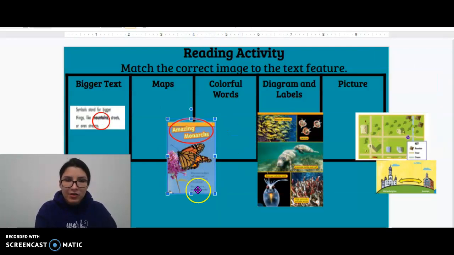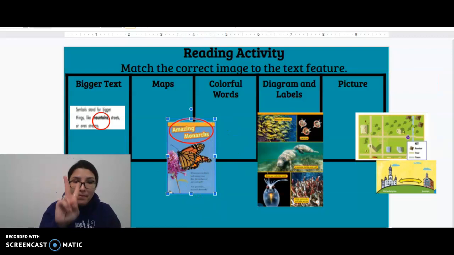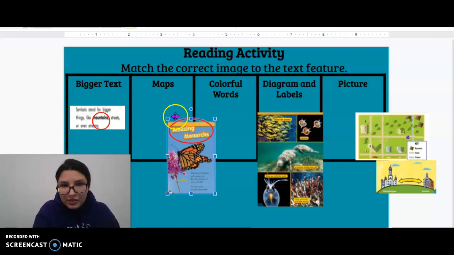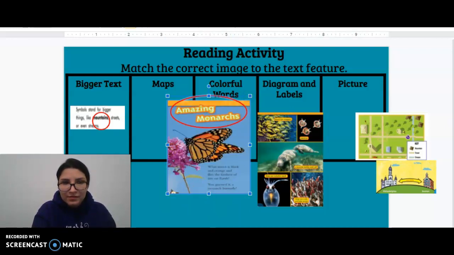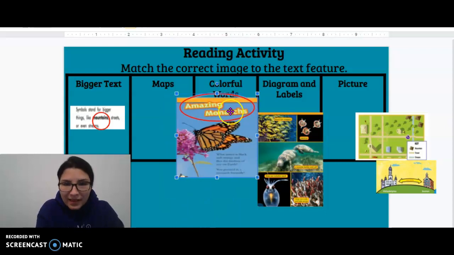Okay, so we have this next image. Let's see where this image goes. Do you think it is maps, colorful words, or pictures? Maps, colorful words, or pictures. So notice the red circle. It's a little bigger. Okay, let's look at this. So I see, let's look at the colors right here.